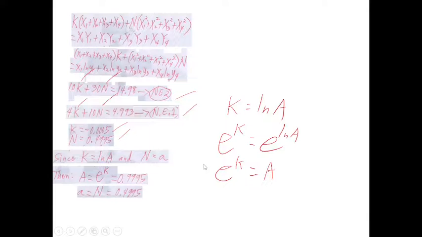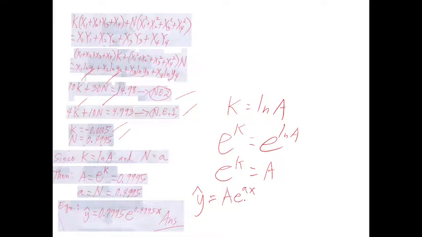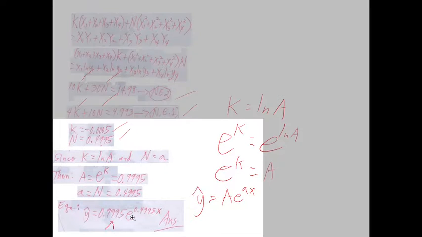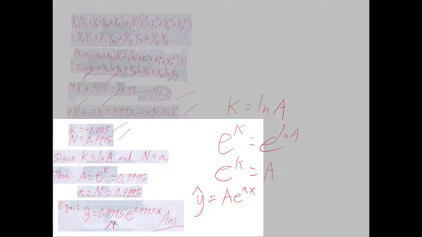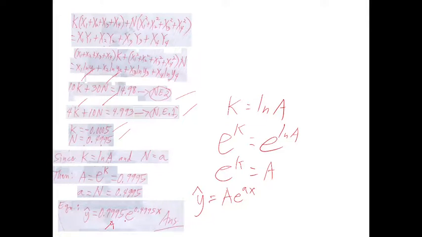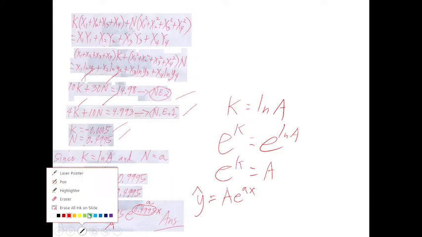So our answer now, our desired equation, is like this. Okay? So we have A, that is 0.9995. This is the A. Okay, and then this is our lowercase a. Okay, A e to the power of ax. So y hat equals A e to the power of ax. So I hope you get it, no?